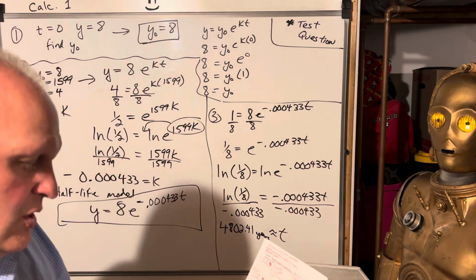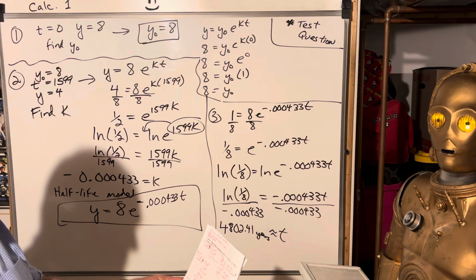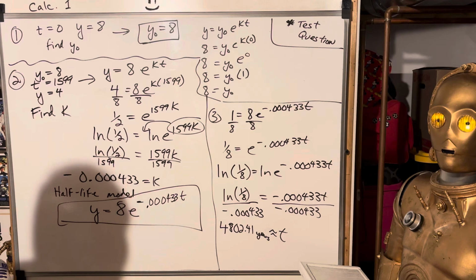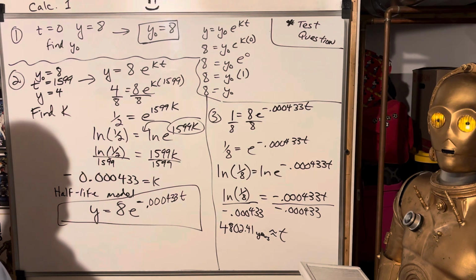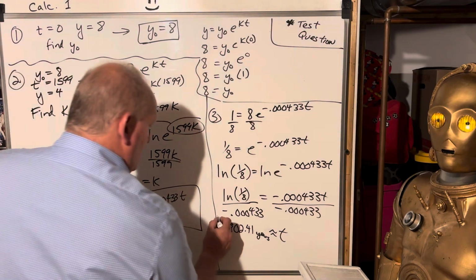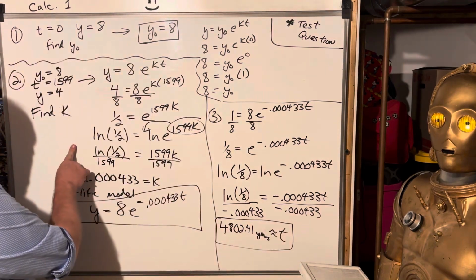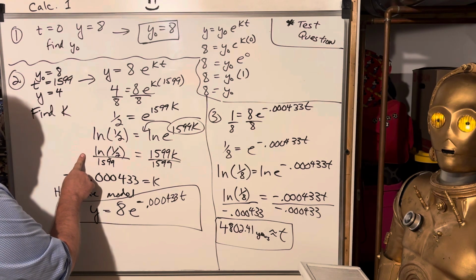That's why we are so cautious with radioactive things. All right. So again, if you weren't using a calculator on the test, this one would be a little more complicated than the last one because you got 1 over 1599 ln 1/2.